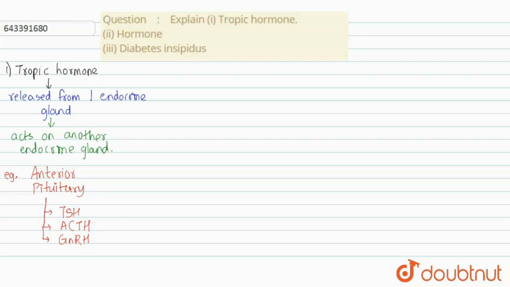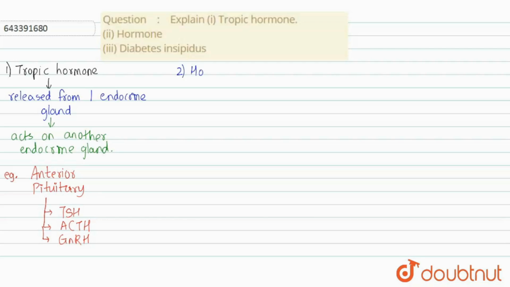The anterior pituitary is an endocrine gland, and a hormone like TSH, released from the anterior pituitary, goes and acts on the thyroid gland. The thyroid gland is also an endocrine gland. So these hormones, which are released from one endocrine gland and act on another endocrine gland, are called tropic hormones.